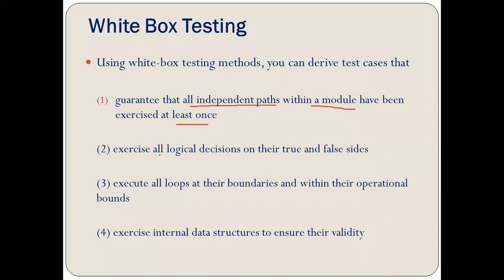Then you derive test cases for all the logical decisions, whether true or false. Execute all the loops at the boundaries, whether it is a for loop, while loop, or do while loop. All these loop boundaries are to be executed, and test cases are generated based on these loops, logical decisions, and independent paths. And you can exercise the internal data structures, which can ensure the validity of the application, right?